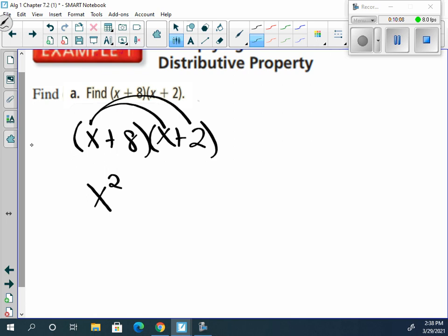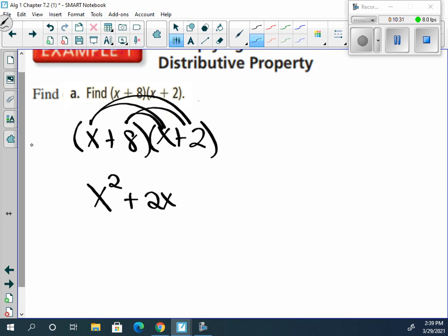Now the next one we can do is x times 2. Well, since they're both positive, it's going to be plus x times 2, which is 2x. Then we can move on to the next one: 8 times x and 8 times 2.